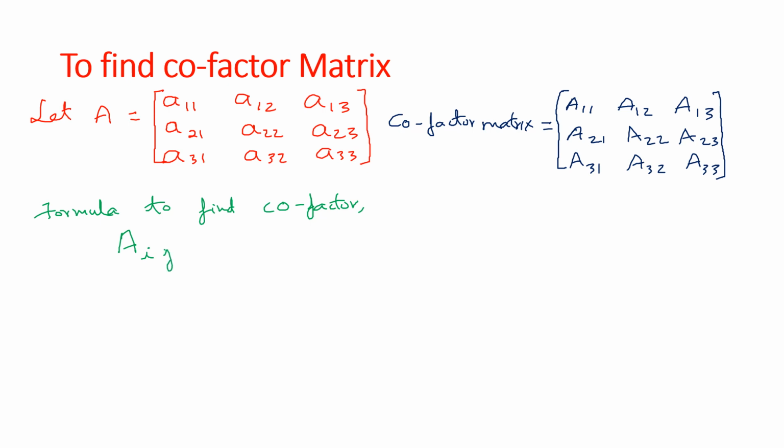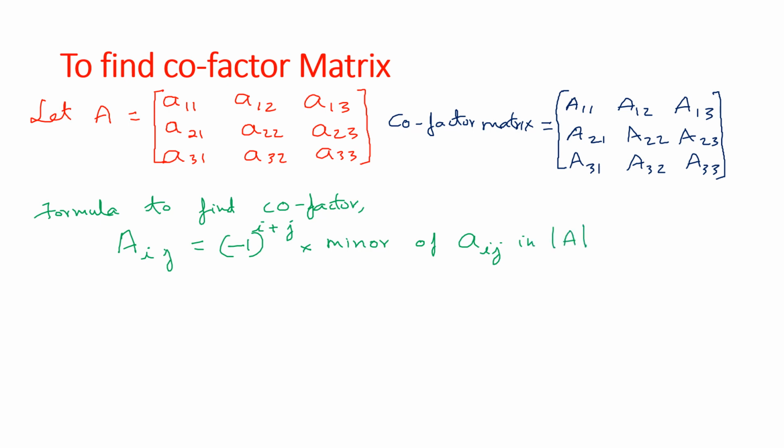Let me explain this. That is minus 1 to the power I plus j, into the minor of Aij in determinant A.